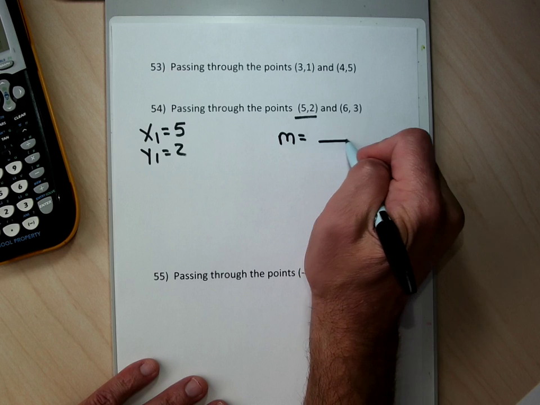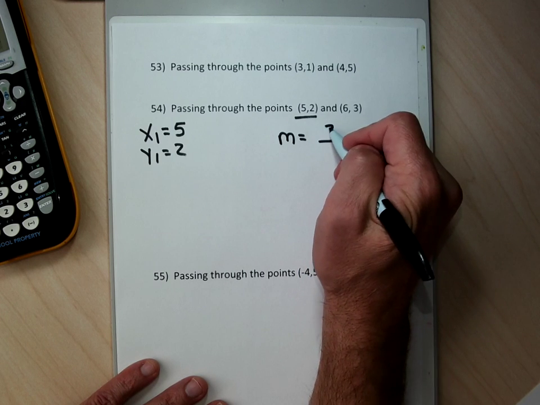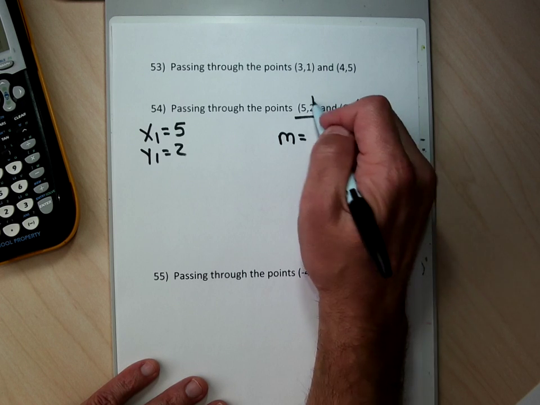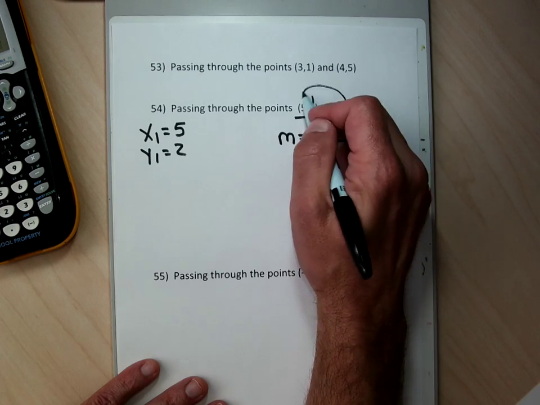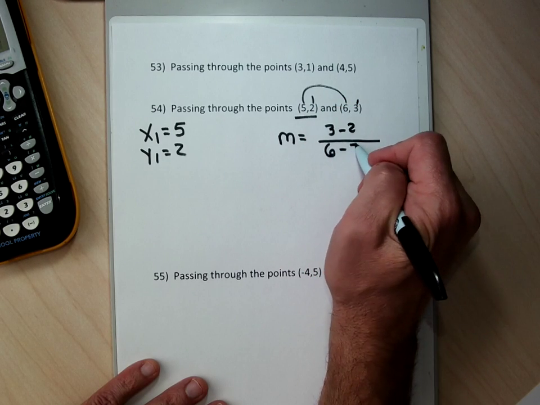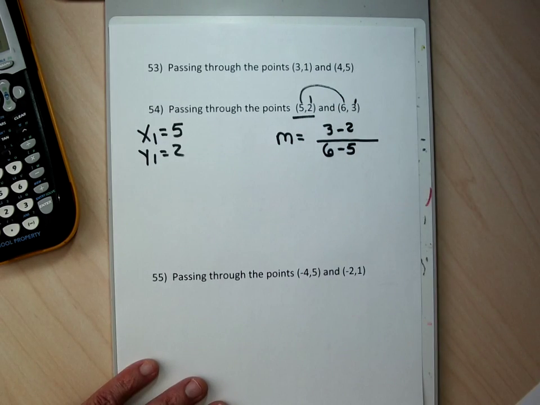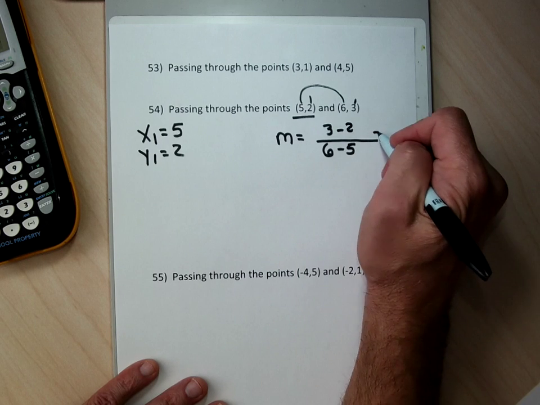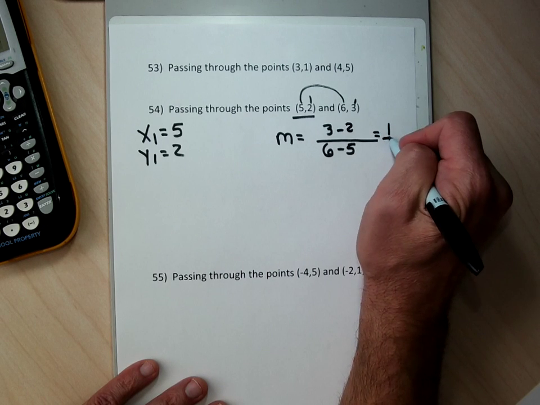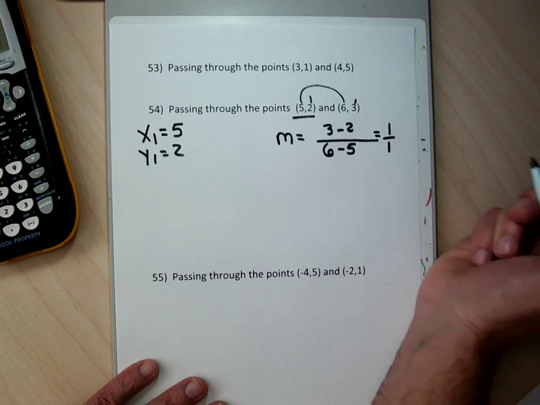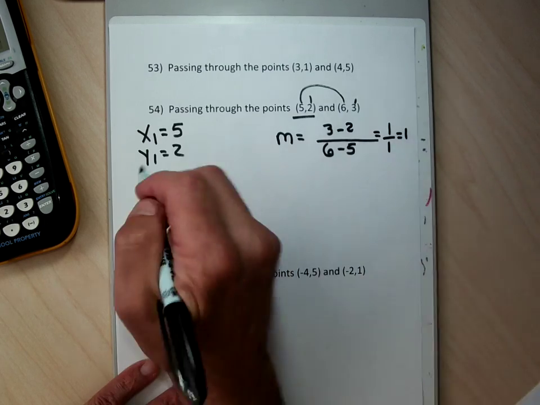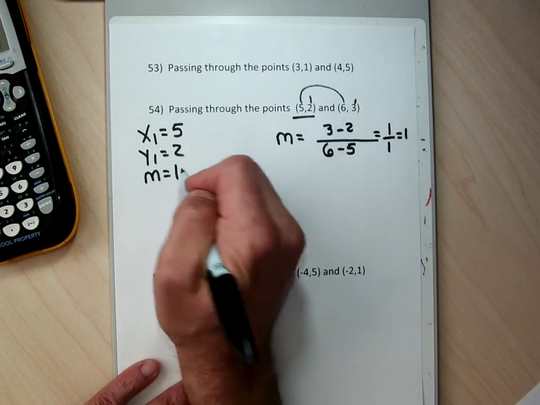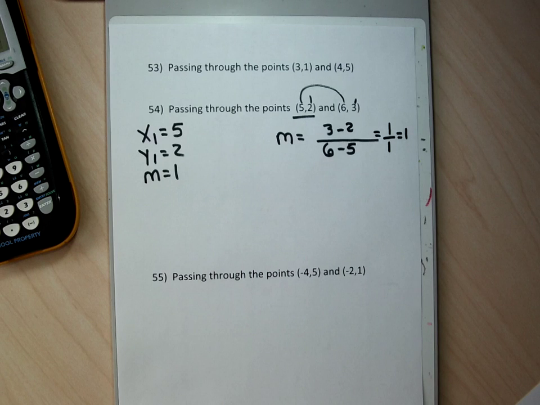And to find slope, you go y2, which is here, minus y1 over x2 minus x1. And that's going to give me my slope. Here, y2 minus y1 and x2 minus x1 are both 1s, and 1 over 1 is equal to 1. So when I do problem 54, I'm going to make the m equal to 1.